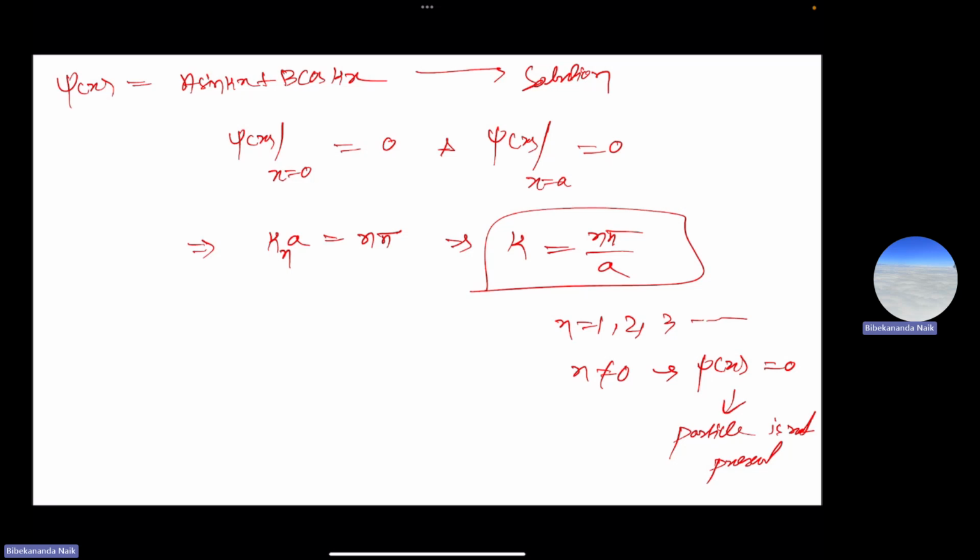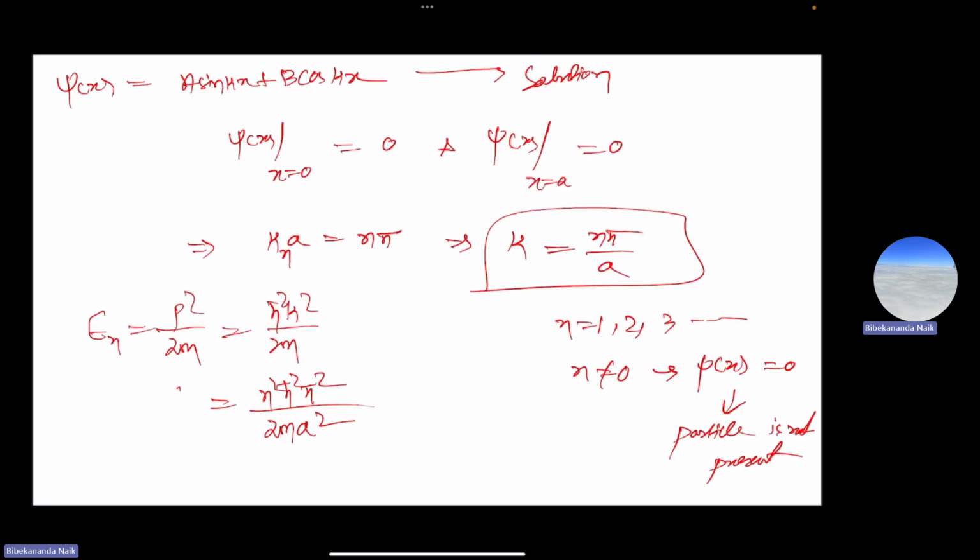Now talking about the energy, we know energy has the form p square by 2m, or you can write h cross square k square by 2m, or we can write h cross square pi square n square divided by 2m a square, where a is the length.